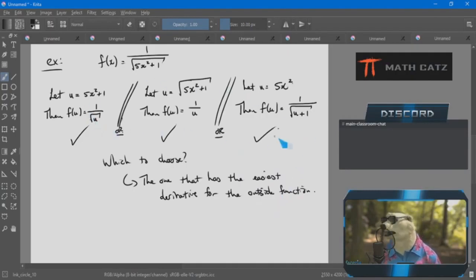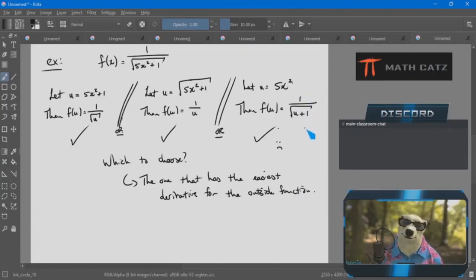So of these, I will not choose the last one. I'll put a sad face next to it. It's still correct, but moving forward, when I'm putting a derivative layer on top of this, that guy is not going to be the nicest outside function to work with. I don't even know what to do.